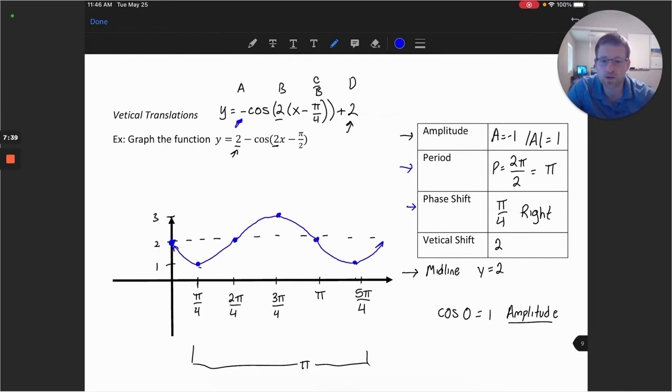So again, a few key items that we want to remember about cosine is it always starts at its amplitude. And then again, we always want to divide that kind of period up into 4 sections. And that makes it helpful to graph with 4 points.